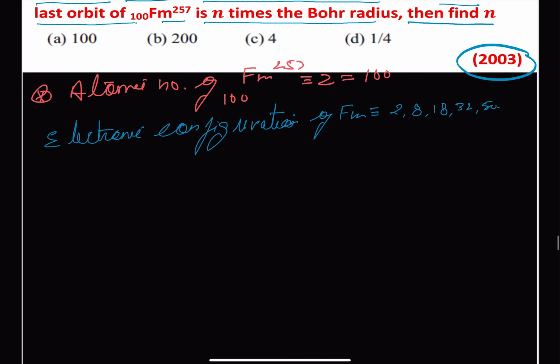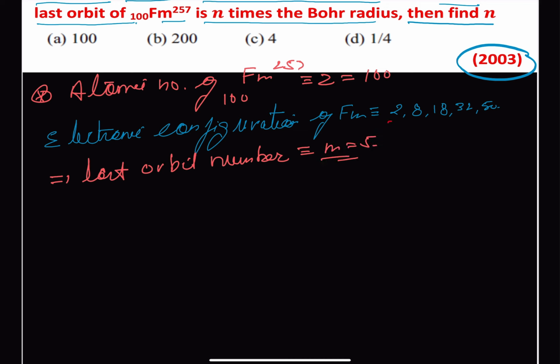So it means the last orbit number, if that is represented as m, will be equal to 5.